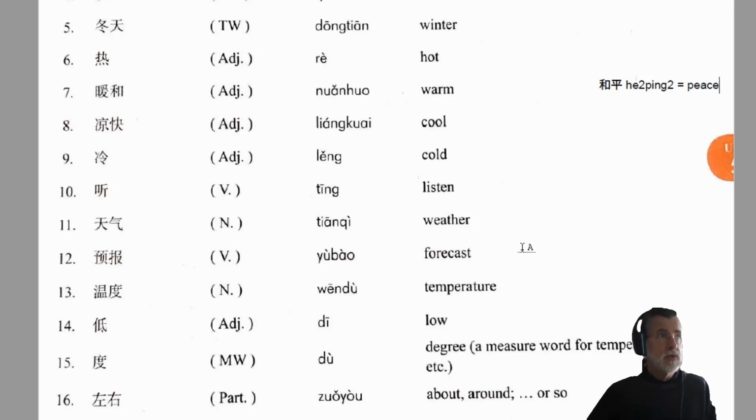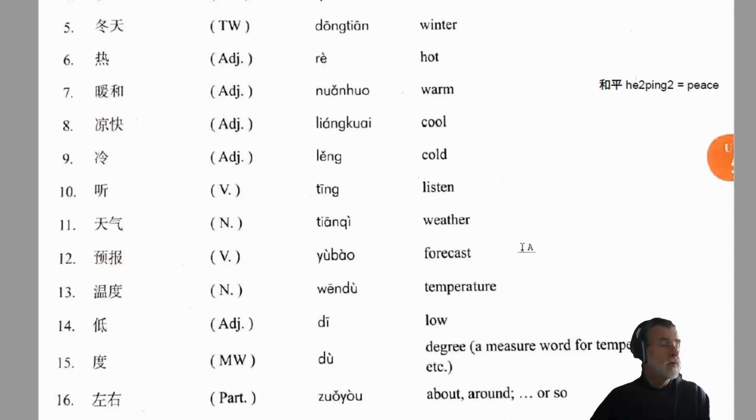And then when it's used in the context of weather, the whole expression is 天气预报. For example, often people will say, oh, 今天的天气预报说.